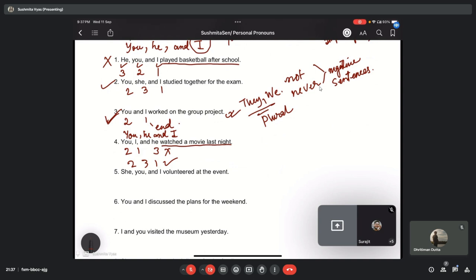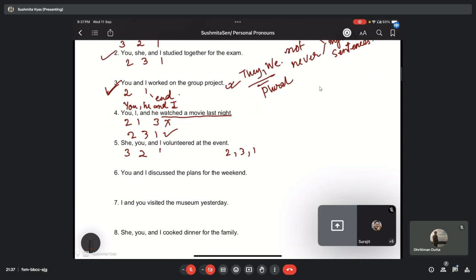Okay. She, you, and I volunteered at the event. Is this correct? She is third, second, one. This is also incorrect. It should be two, three, one. It should be you, she, and I volunteered at the event. Yes. You and I discussed the plans for the weekend. Is this correct? Yes, this is correct because two and one.